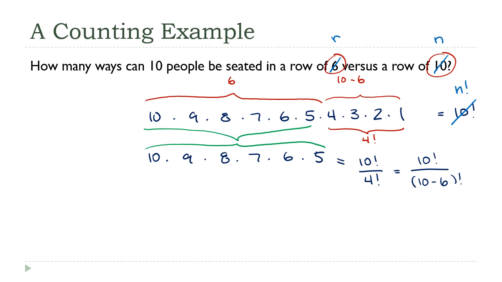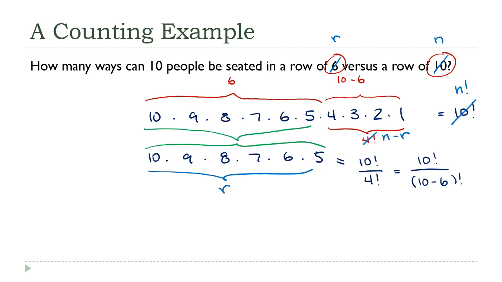That's the number of permutations where I'm seating all of the people together. And this is going to be r, because we're seating r people. That means that we are not seating n minus r.